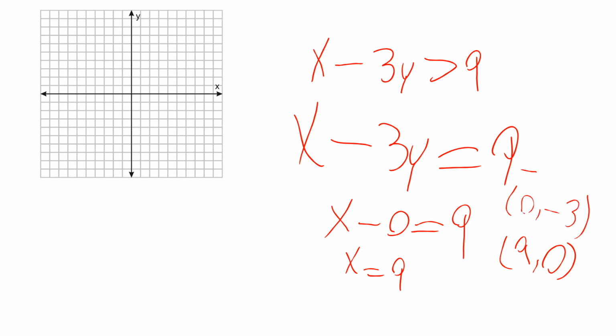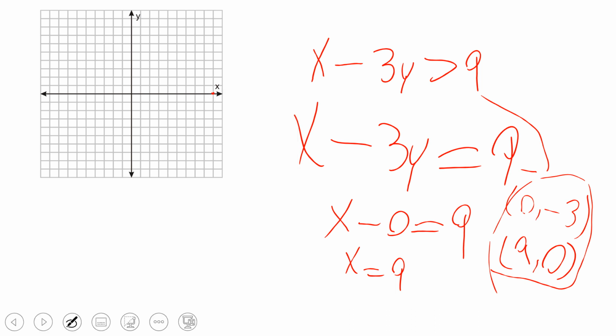We know these points satisfy the equation, but not the inequality. So we graph just like we did before, with 9 right over here and 1 right over here.